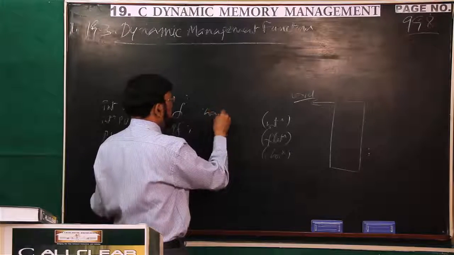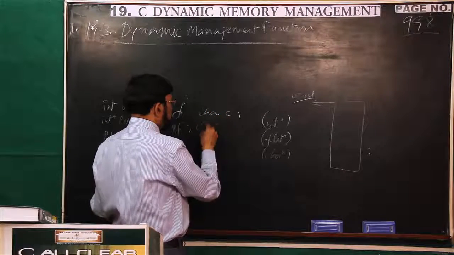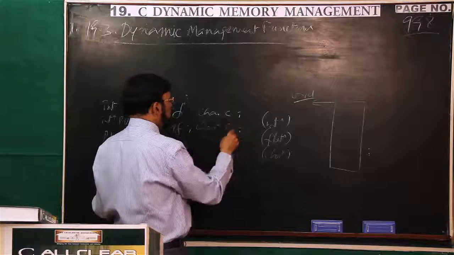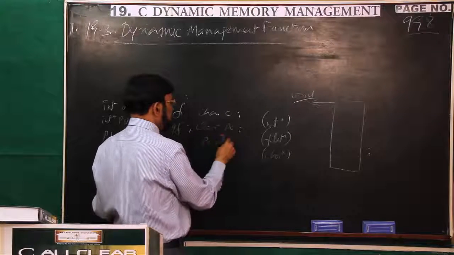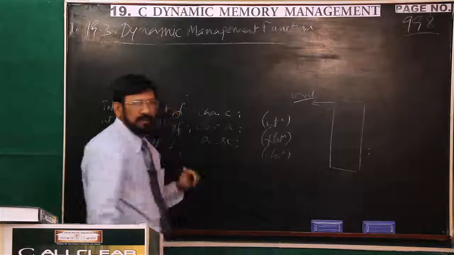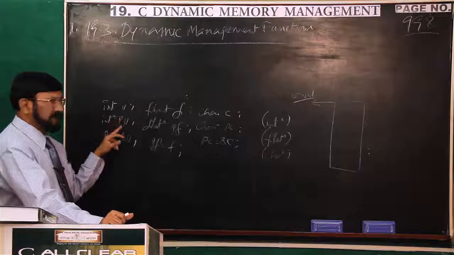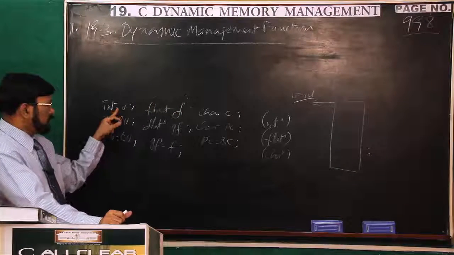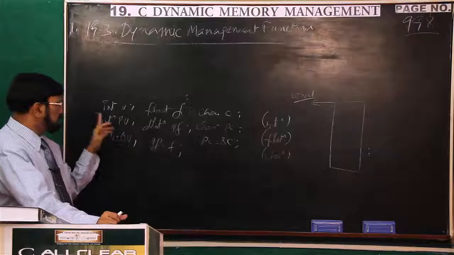Char c, char type pointer *pc; pc is equal to &c. This I explained. The variable type and the corresponding pointer type should be the same.